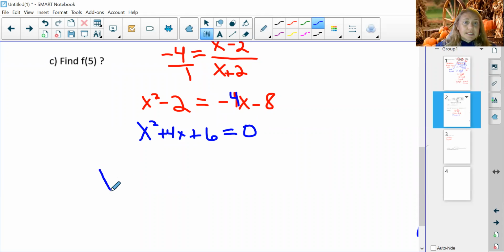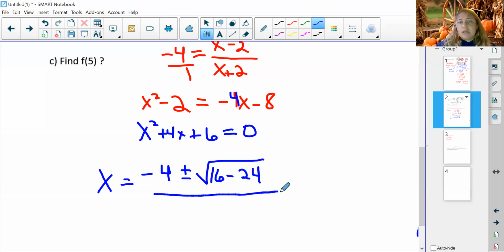All right, so let's plug this into the quadratic formula. I get x equals -b plus or minus the square root of b squared, which is 16, minus 4, a is just 1, minus 4ac. And when we were doing this graphically, we said no solution, right?